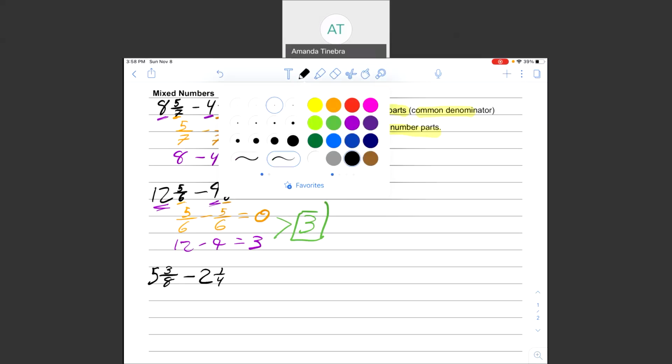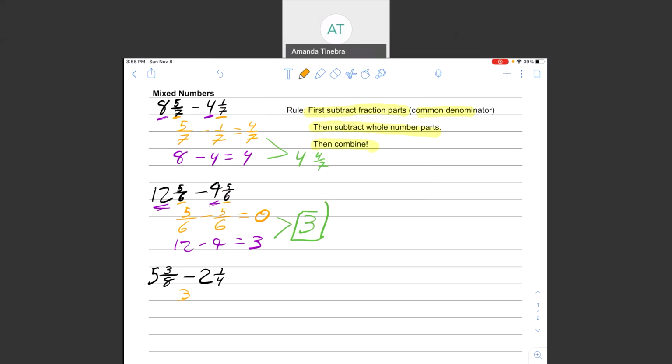So starting by looking at our fractions, 3/8 and 1/4, I see right away that 8 and 4 have a common multiple of 8. 4 goes into 8. So I can just multiply by 2 over here. And this gives me 3/8 minus, well, 1 times 2 is 2, so that'll be 2/8. 3/8 minus 2/8 is 1/8.